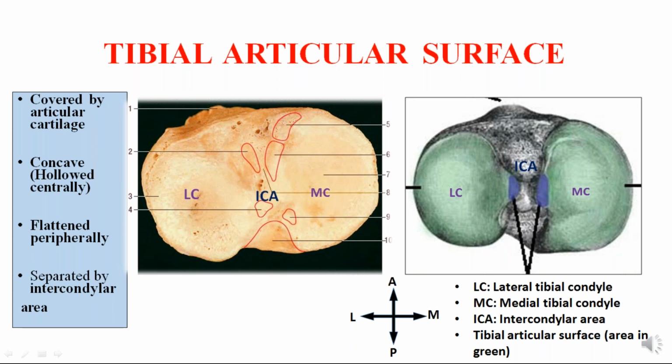The upper end of the tibia is separated by the intercondylar area, which is a non-articular area. In the second picture, the green area is the area involved in the tibial articulation. Now, the tibial concavity is not that deep, as we mentioned earlier, making it an incongruent articular surface.